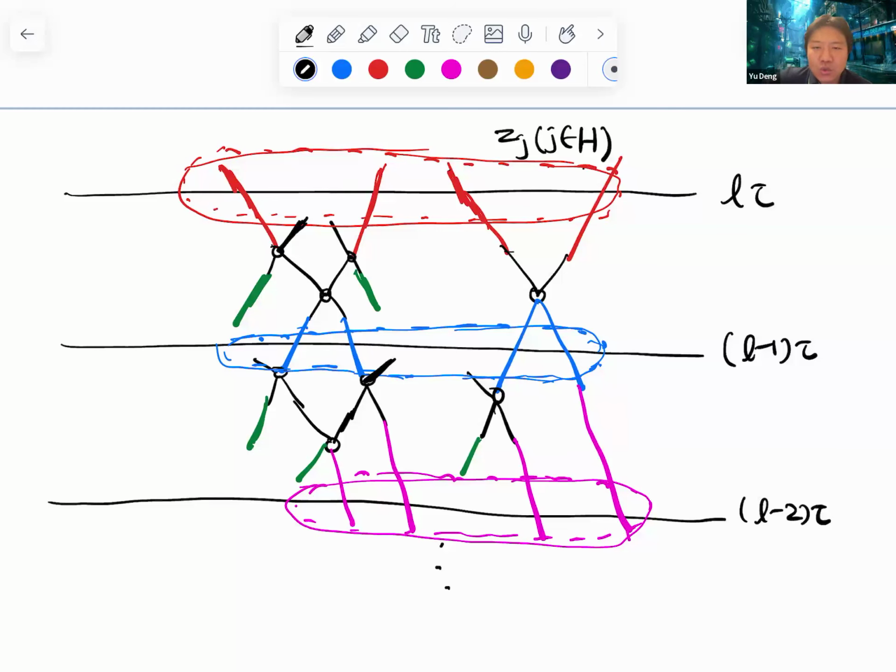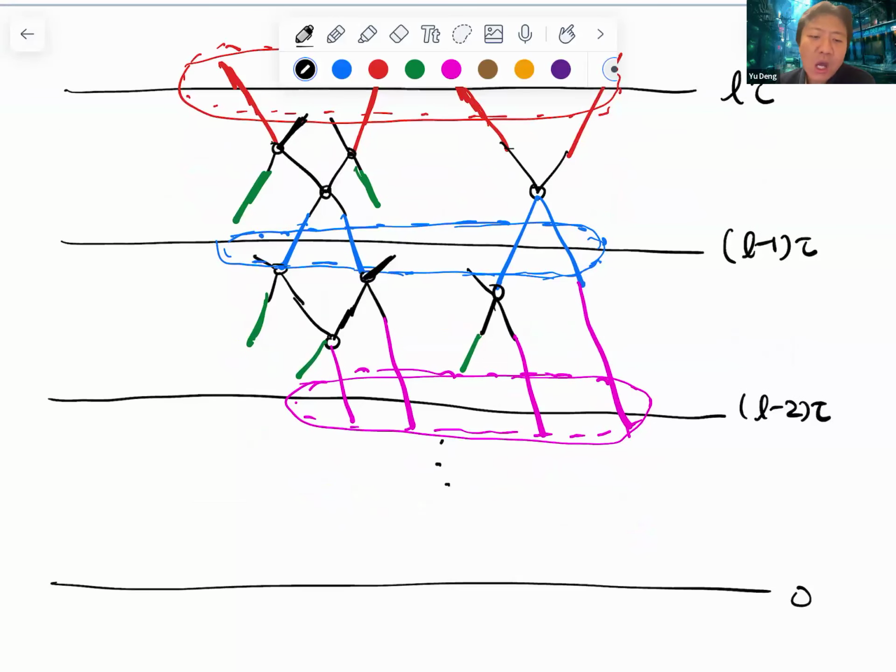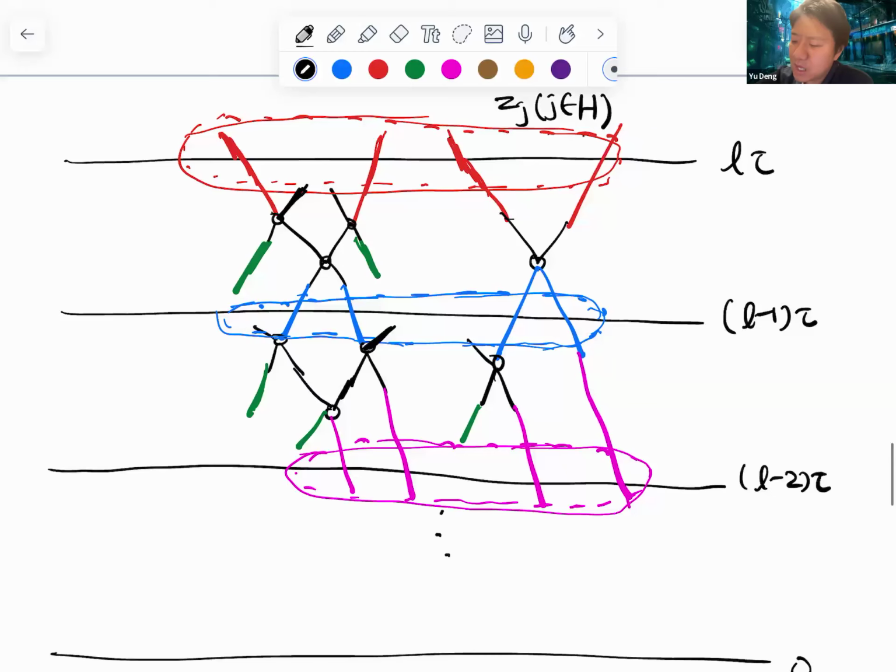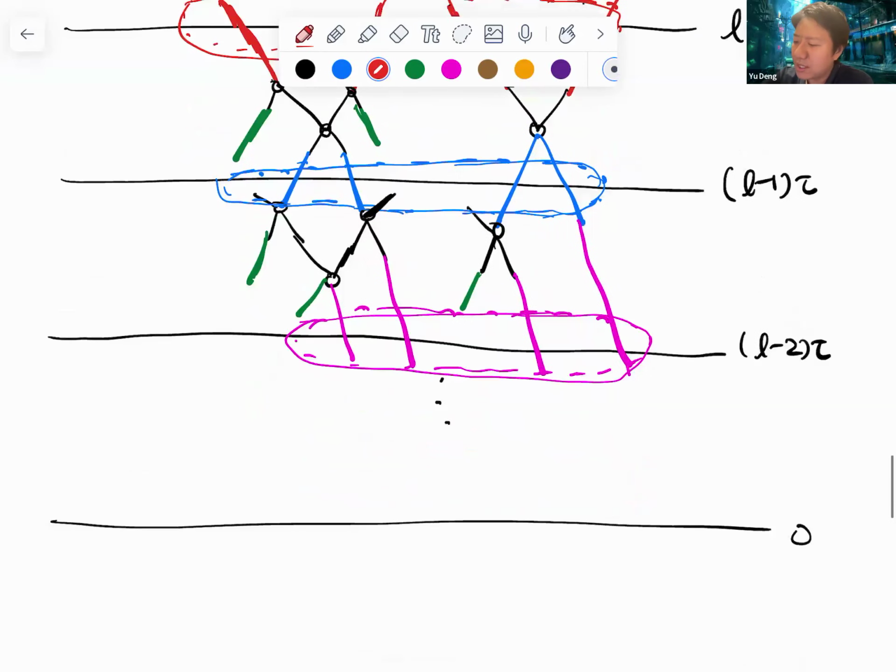But no matter what we do, you see there is always a complicated change of variables or substitutions involved in the integral, because even if you just focus on the red particle we are looking at, you may trace it back all the way to time zero, and then you get some particle down here.